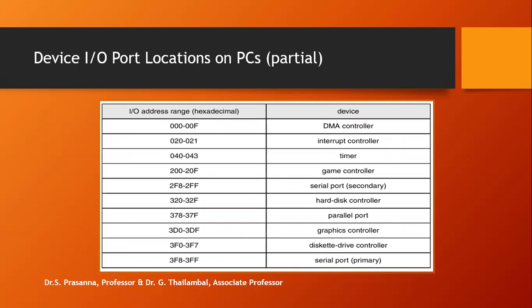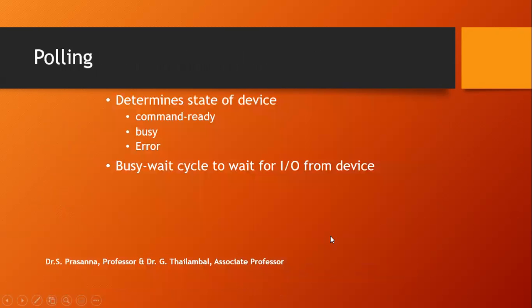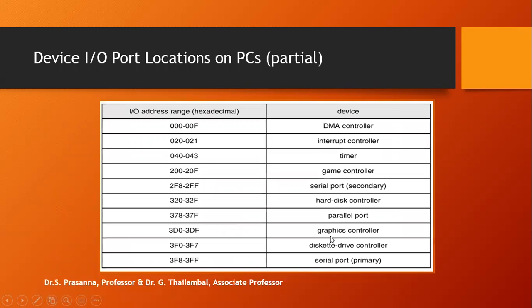Device I/O port location. Each device connected to the bus will have an I/O address range. If it is a DMA controller, the I/O address range will be in a hexadecimal value of 00000F. And similarly for other devices also, like a game controller, timer, parallel port, graphics controller, serial port, diskette drive controller, interrupt controller.